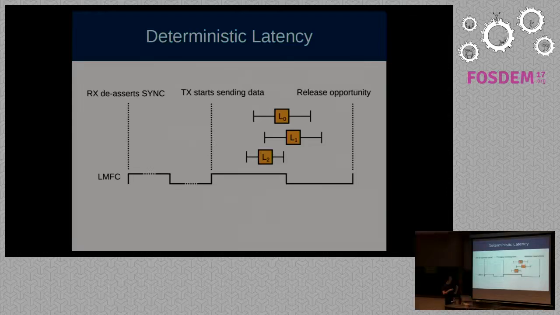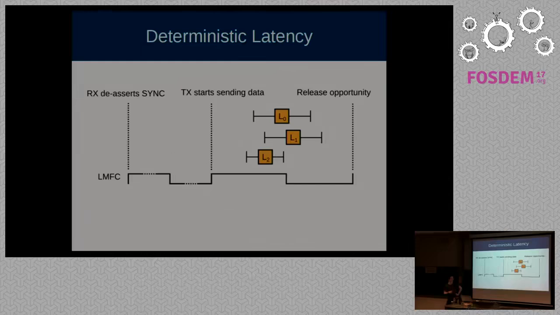How it works is, first the receiver deasserts the sync pin, which means it's ready to receive data. Then on the next clock, the TX starts sending data. And it will take a little bit of time until the data reaches the receiver. And there's also a certain amount of variance in how long it takes.